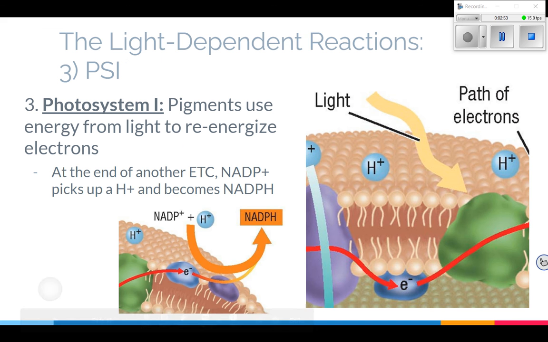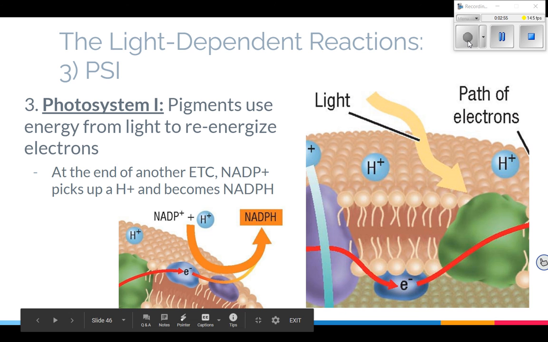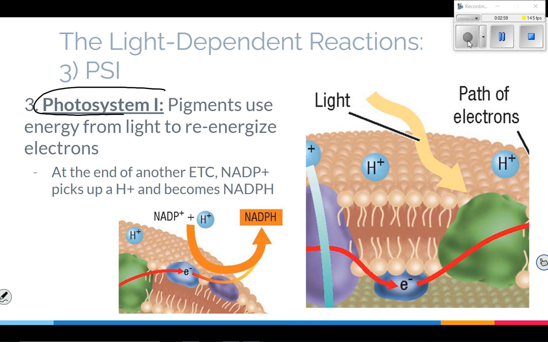Now the electron has used up all of its energy, so it needs to go to another photosystem. This time it goes to photosystem 1, but the same thing happens where more light strikes it and it energizes the electron. This time it's picked up by an electron carrier.